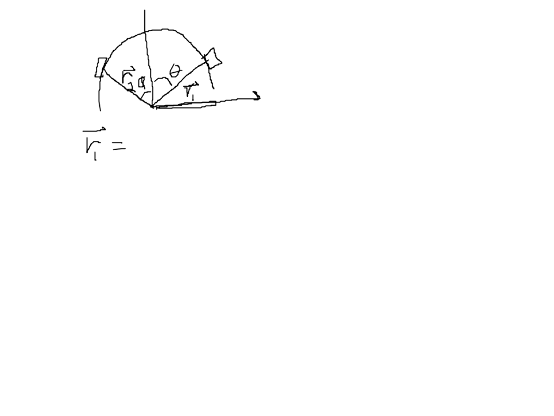So we see that this line right here is R. And we can see that this is phi. So we kind of extend our line.